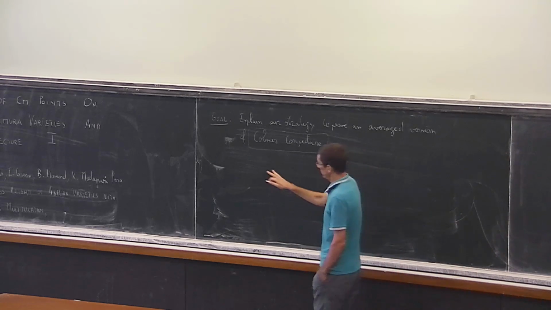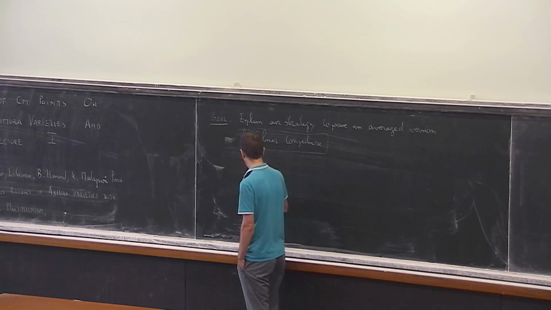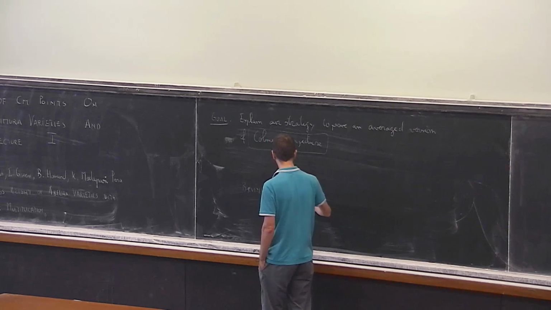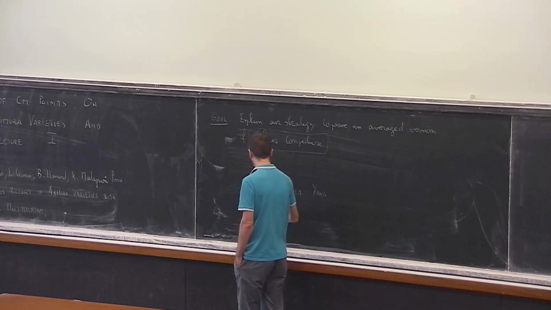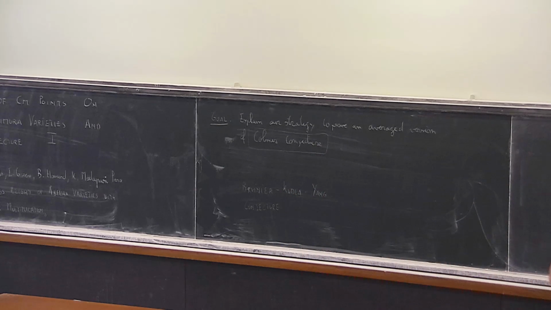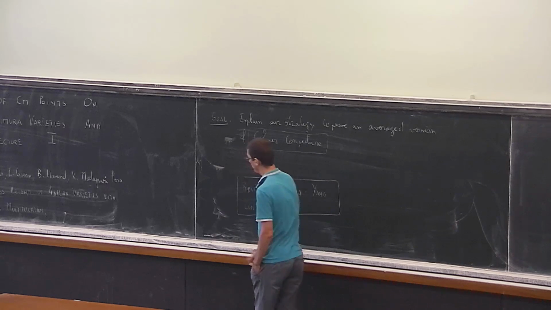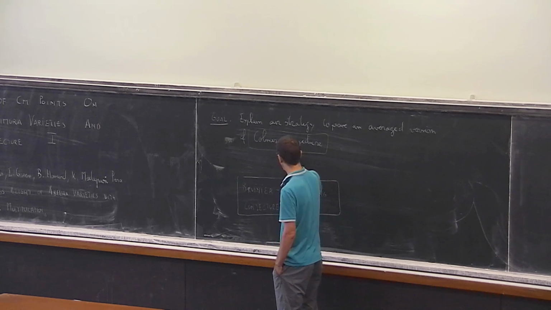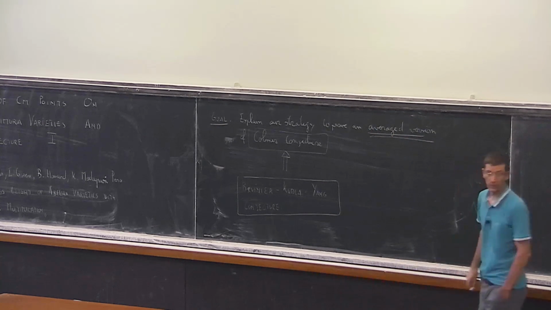And what we do in the paper is, in fact, prove another conjecture, or in fact not prove the full conjecture, but sufficiently many cases of a conjecture of Bruinier-Kudla-Yang. That's the first main result of the paper, and then prove how it implies an averaged version of Colmez conjecture.